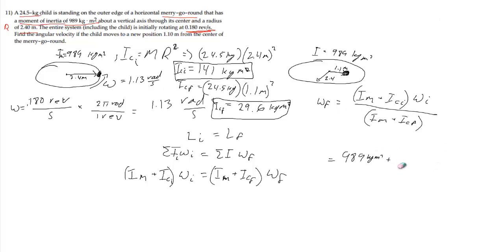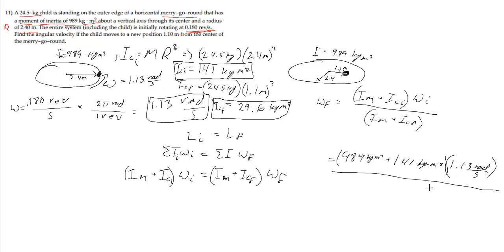I should have said something. 141 kilograms meters squared times our initial omega, 1.13 radians per second. Sorry, it's getting so cramped. All over our final moment of inertia for the merry-go-round, which is still 989 kilograms meters squared, plus our final moment of inertia for the child, which is 29.6.